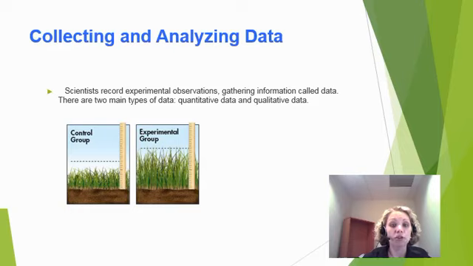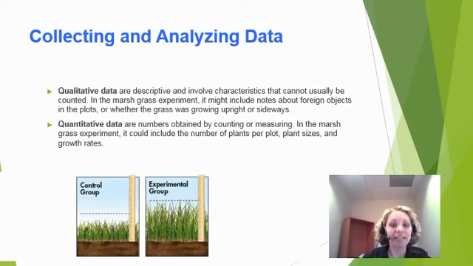We collect data in two ways, quantitative data and qualitative data. Let's look for a second at the difference. Qualitative data is descriptive, and we describe things using characteristics. But sometimes qualitative data can be a bit vague. It's like saying the grasses in the experimental group grew very tall.